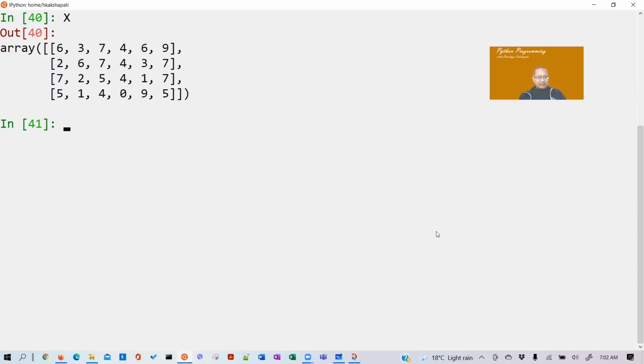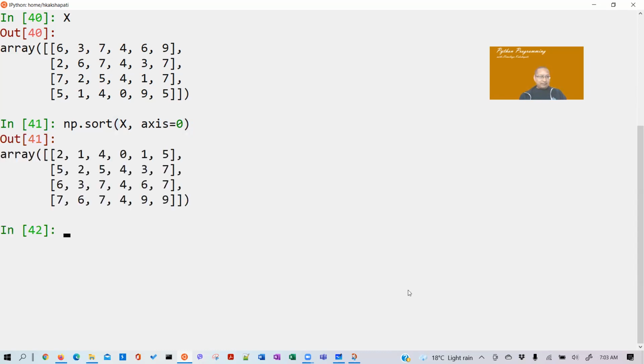So if I put np.sort(x, axis=0), axis 0 दियो भने column wise हुन्छ, ठीक उल्टो हुन्छ कि 1 दियो भने चाहिँ row wise हुन्छ. So let's see, did it work?